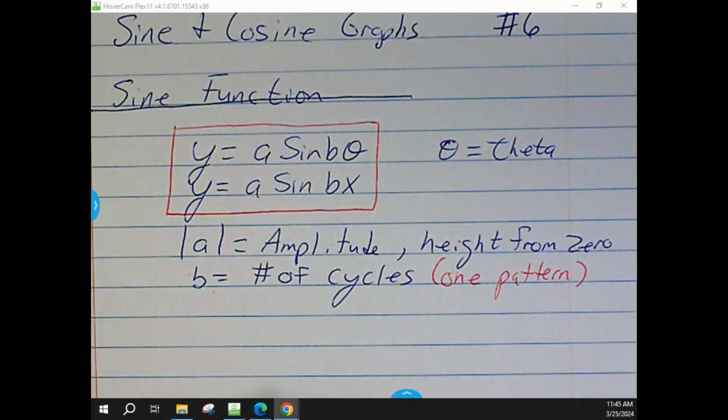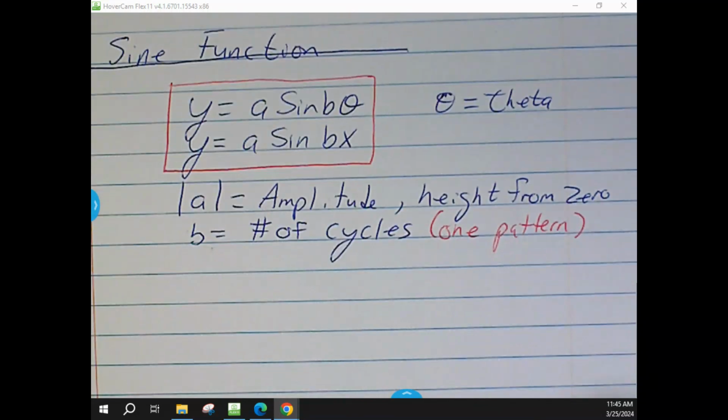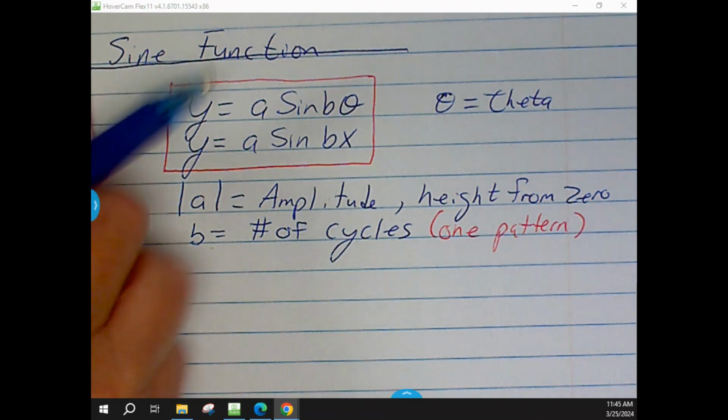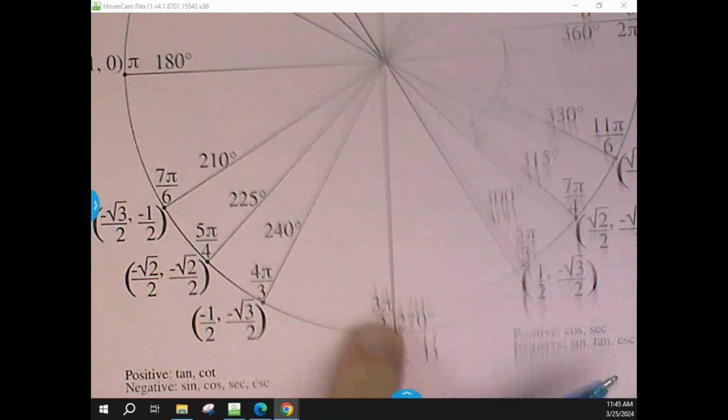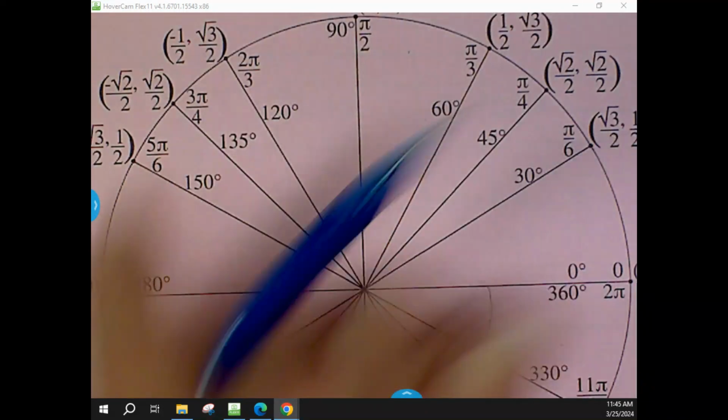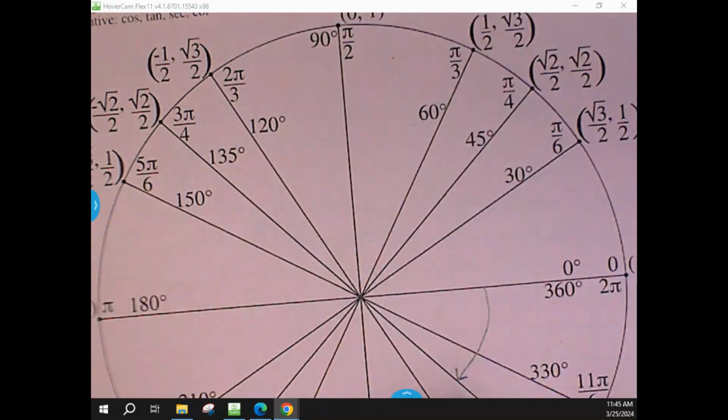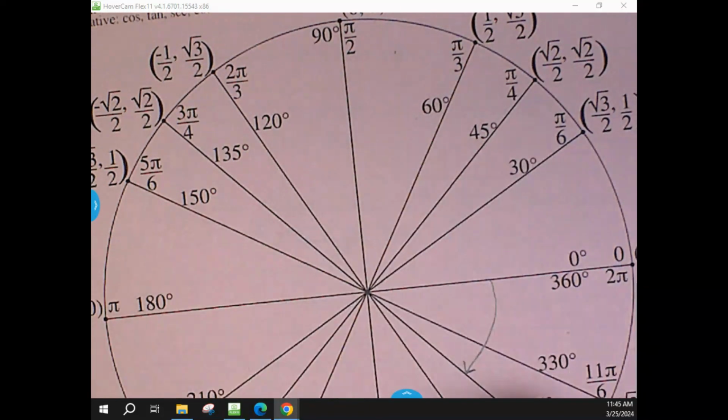If you remember some of the problems we had, instead of finding 3 pi over 2, we had to find 13 pi over 2. So we just kept going around and around until we counted 1, 2, 3, 4, 5, 6, until we got to 13 pi over 2.